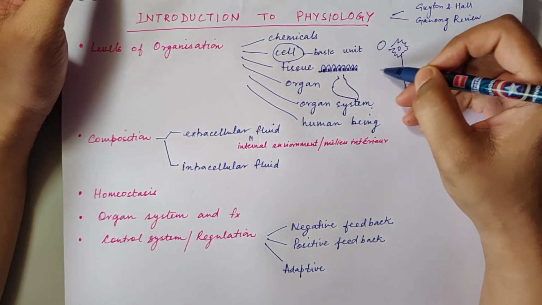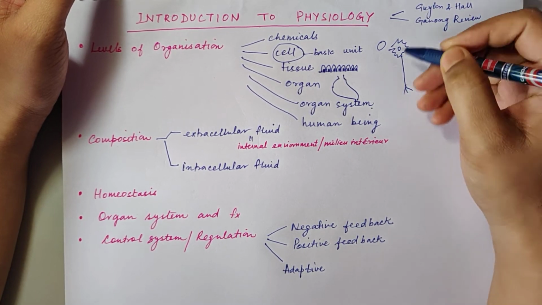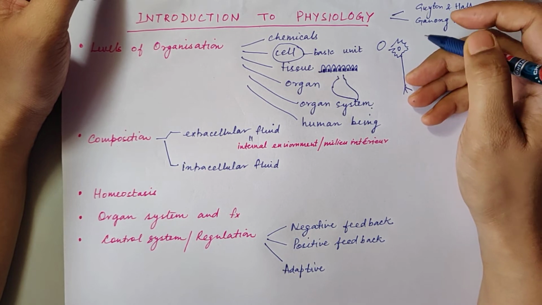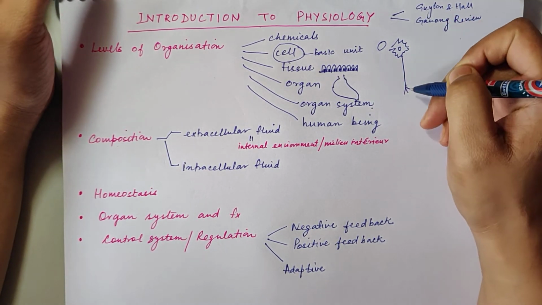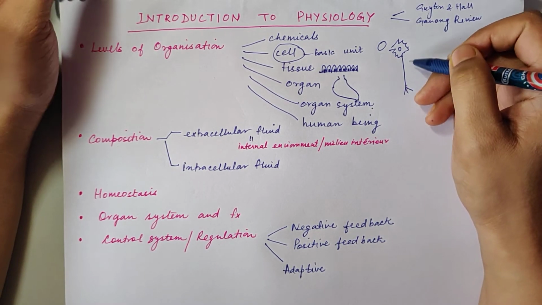So an RBC can be very small, whereas a neuron can be as long as your leg. A neuron can have its nucleus somewhere in your spine, and the axon can go and innervate your big toe, so it can be that long.